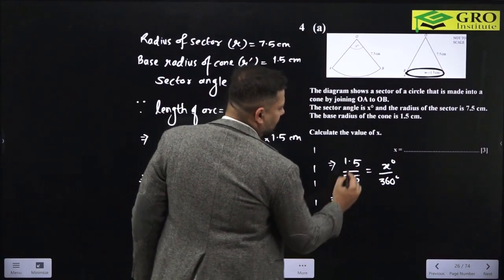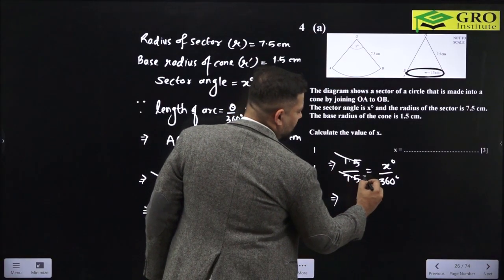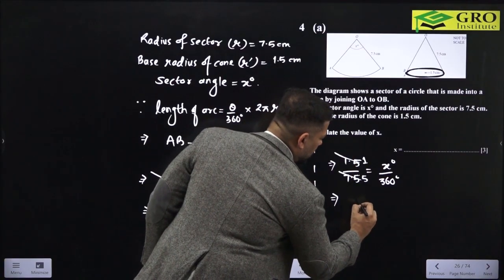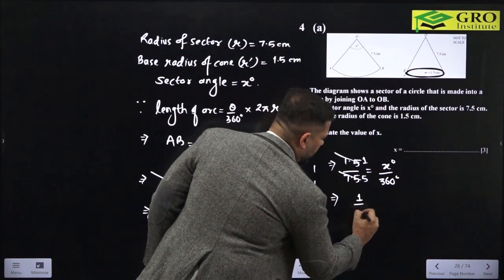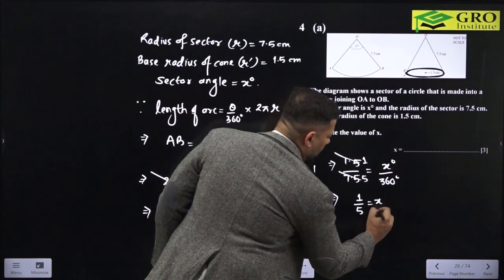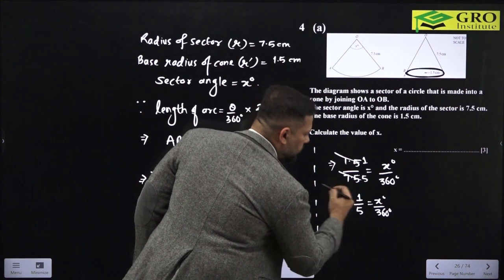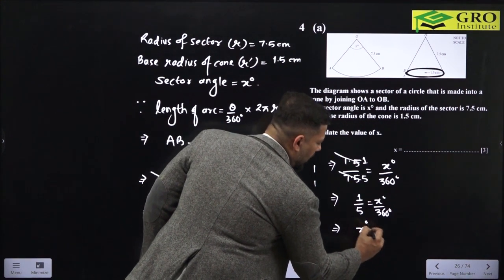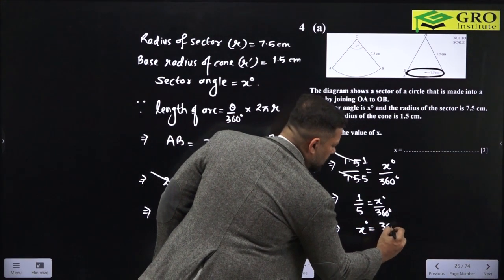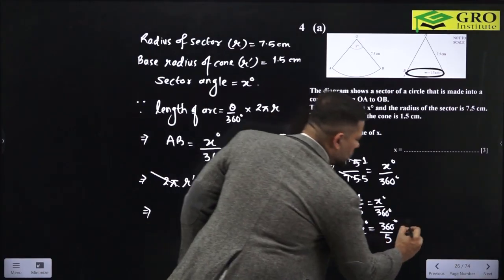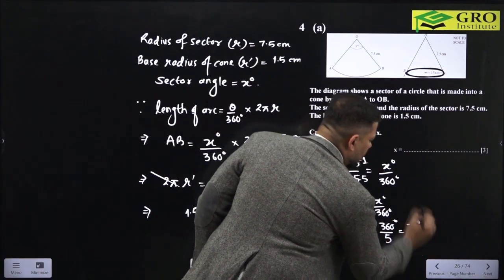And when I solve it, I see that 1.5 cancels 7.5 5 times, and here 1 time. So it is going to be 1 upon 5 equals x upon 360 degrees. So when I transpose 360 to the other side, 360 is going to get divided by 5. That will result into 72 degrees, guys.